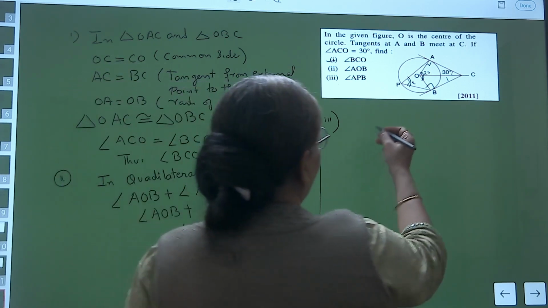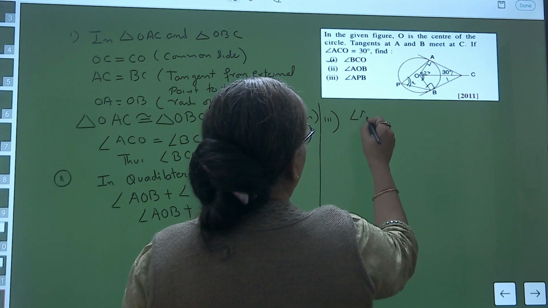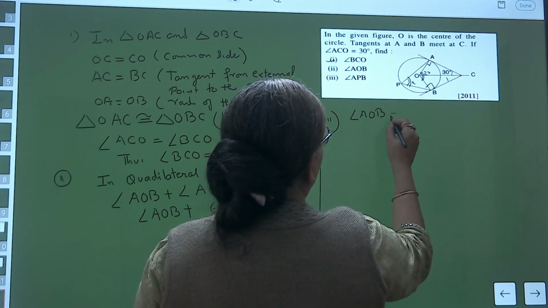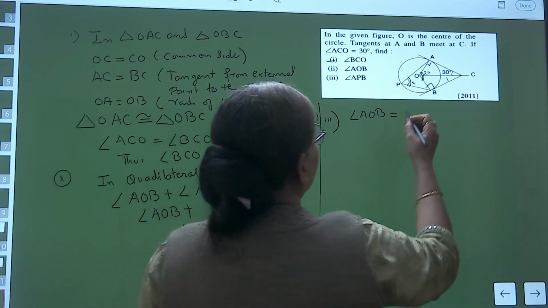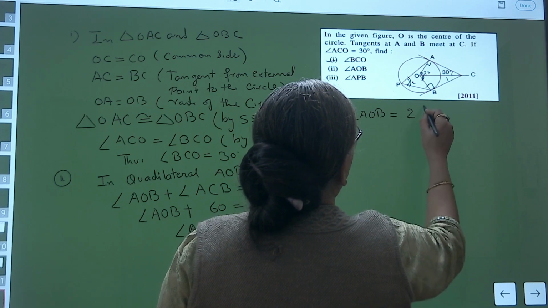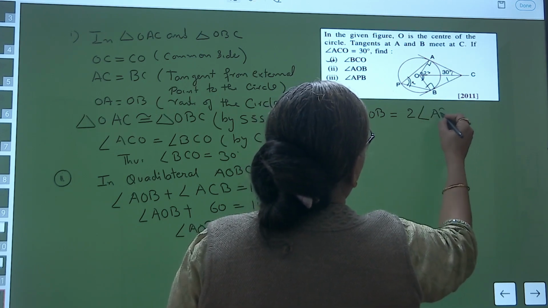So using this information, we can write angle AOB is twice angle APB.